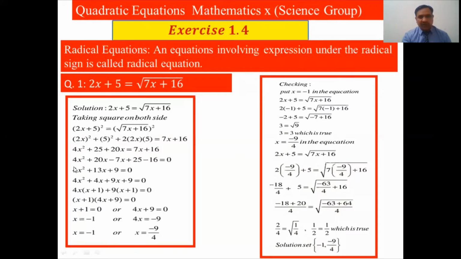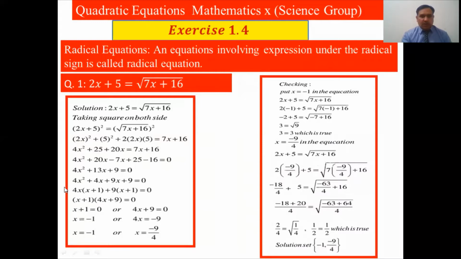This is the standard form of the quadratic equation, and we can use factorization to solve this. When we multiply 4 times 9, we get 36, and we can take the two factors 4x and 9x. 9 times 4 is 36, and when we add these two factors, we have 13x.